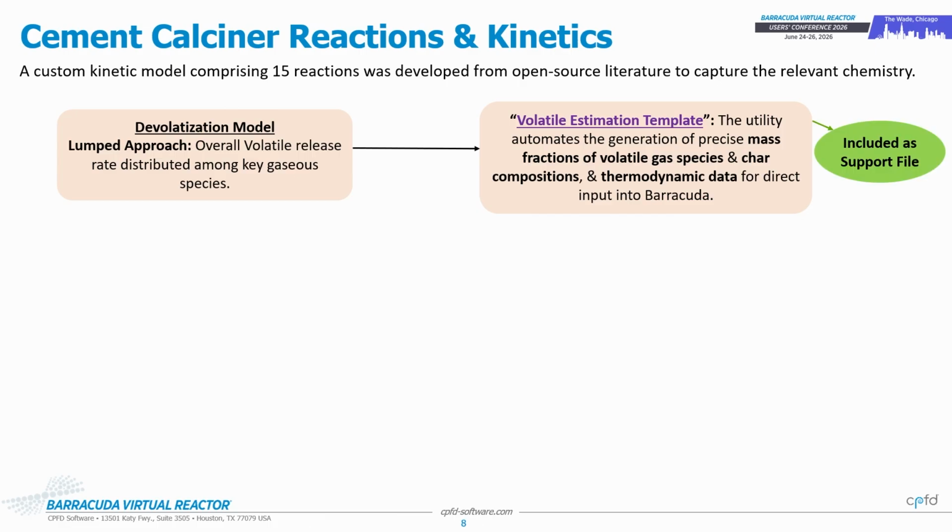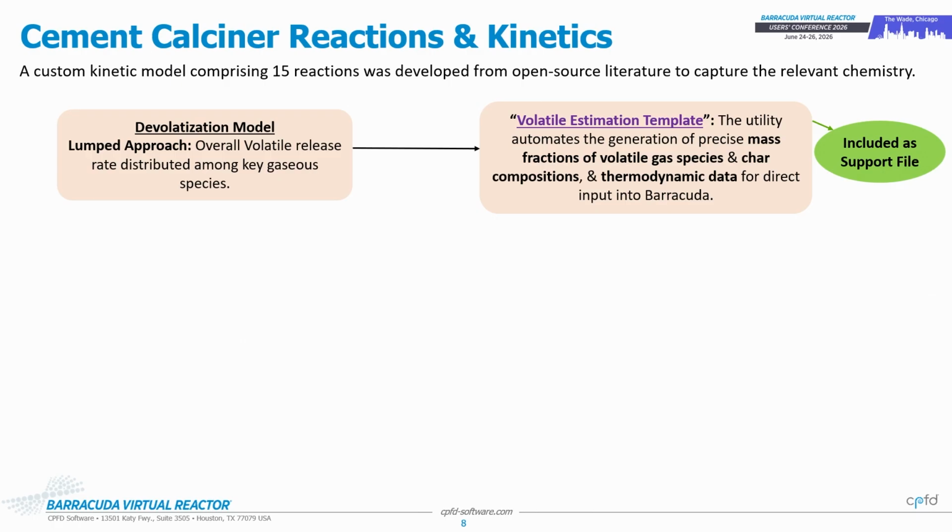The key utility for users is that they can download this Excel sheet and input their own fuel, for example sludge, which would have a much different fuel composition compared to coal, and then easily generate the volatile gas yields and the char compositions, and input them into the Barracuda model directly. And they can also assess different scenarios.